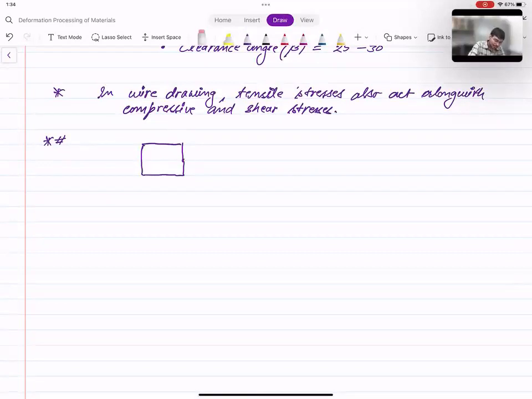Okay, so this is further reduced to some radius r1, which is then again subjected to drawing, and this again reduces to form r2. This is again subjected to some forming operation, and this becomes r3, and if further formed, it will be formed as a wire or rod.